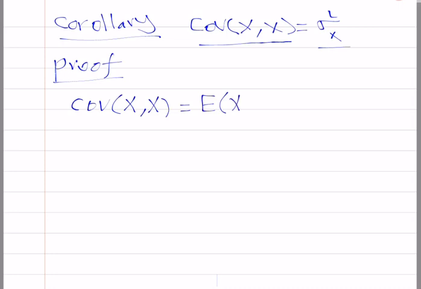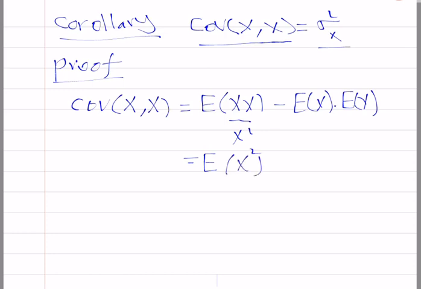expectation of x times x, minus expectation of x times expectation of x. Now x times x is x squared, so that means expectation of x squared minus expectation of x times expectation of x, which is just expectation of x all squared.